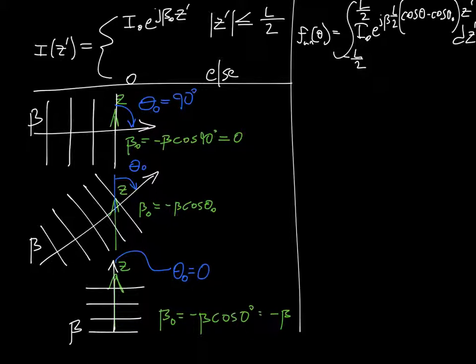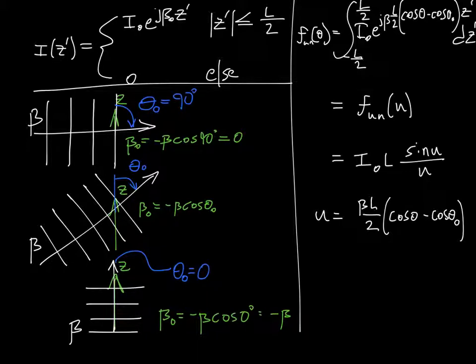So then the unnormalized space factor written in the universal pattern variable u takes on this current phase factor in the variable u.